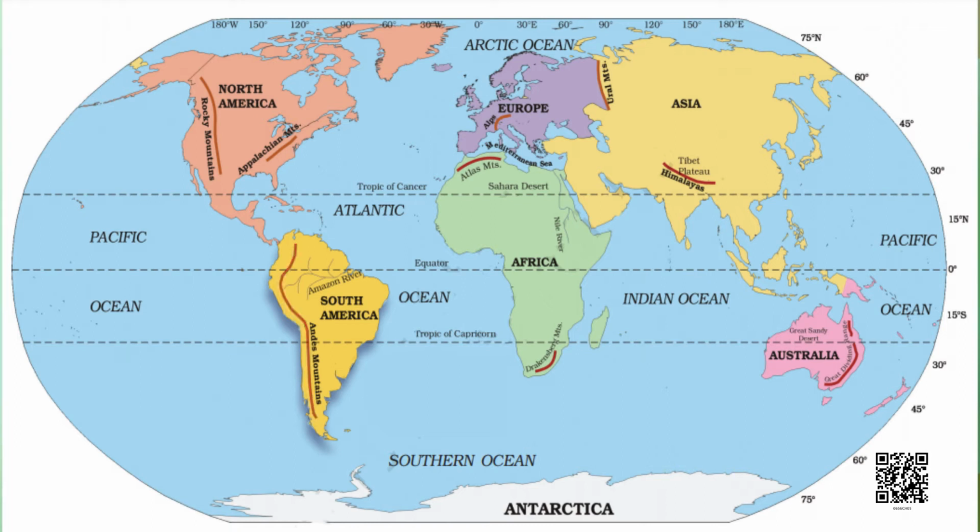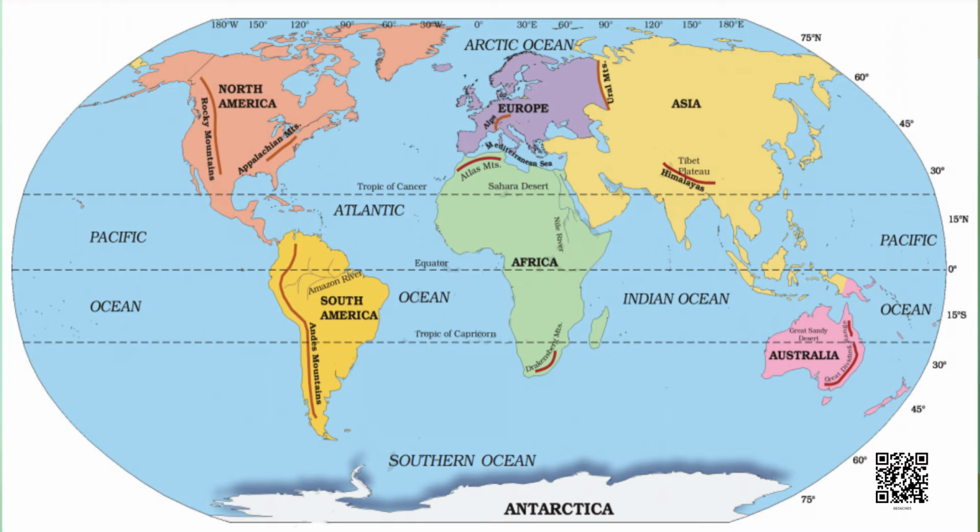South America has the world's largest river, the Amazon. Australia is the smallest continent that lies entirely in the southern hemisphere. It is surrounded on all sides by the oceans and seas. It is called an island continent. Now we'll talk about Antarctica, which is completely in the southern hemisphere.